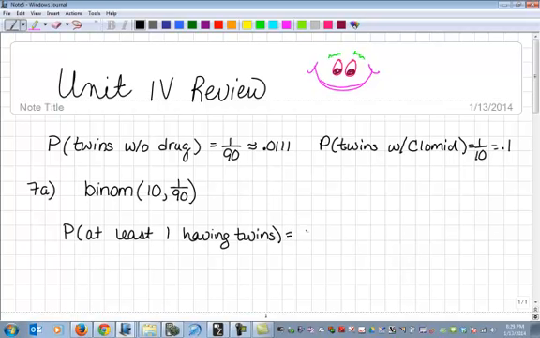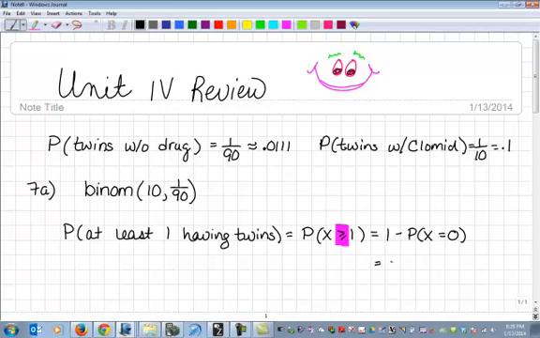So here if I look at the probability of at least one, that's X greater than or equal to 1. Well, we know your calculator doesn't play nice when you're dealing with the greater than symbol; it only deals with less than. So we have to look at the complement of this to put it in our calculator. Well, the complement of X being greater than or equal to 1 is 1 minus the probability of X equaling 0. So in other words, 1 minus the probability of none.